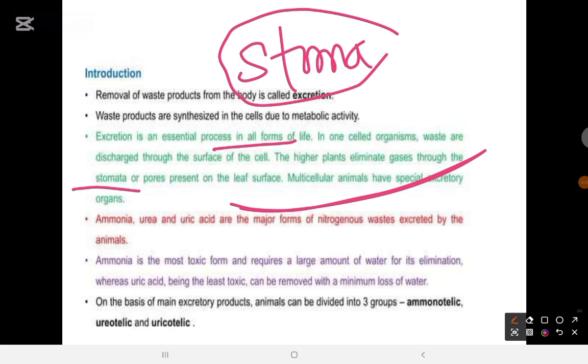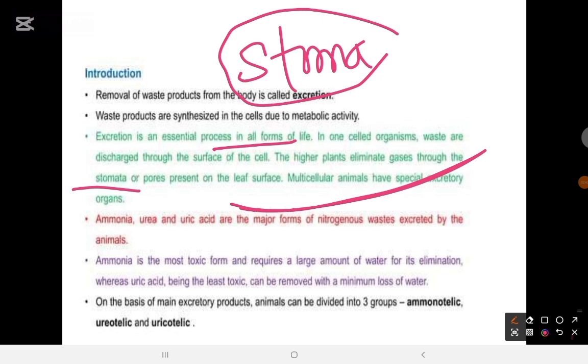The multicellular organisms have special excretory organs. In advanced organisms, we are going to be seeing special excretory organs that they use for excretion of wastes.